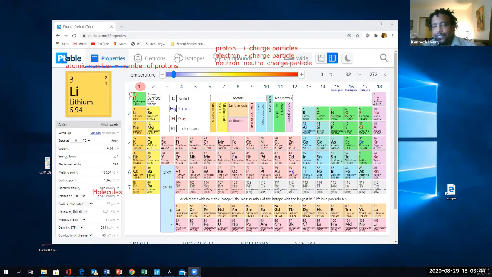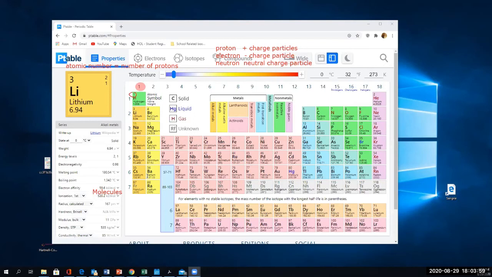Electrons are negative, protons are positive. So how many electrons does hydrogen have? 1. How many electrons does hydrogen have?